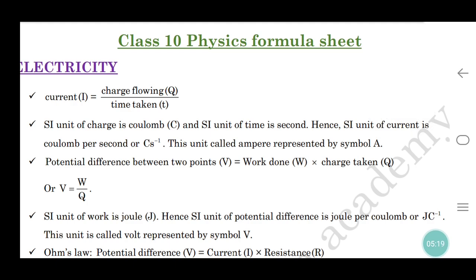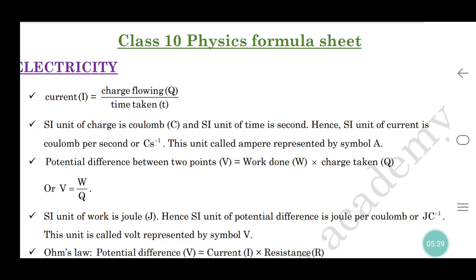Current I means charge flowing divided by time taken, like dq by dt. Here the charge q keeps changing and is not constant. So I is equal to charge flowing by time taken.